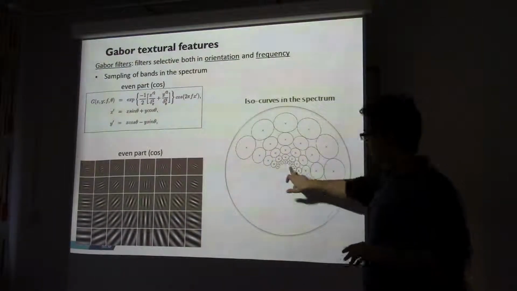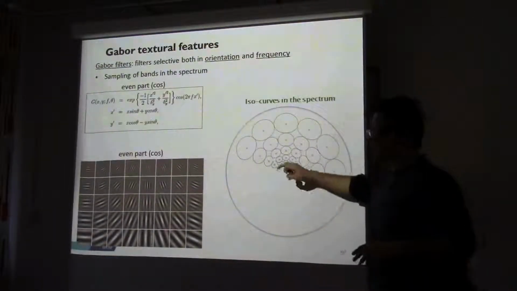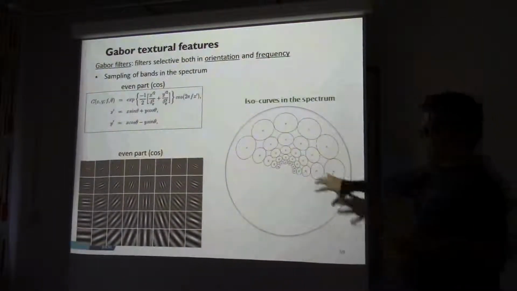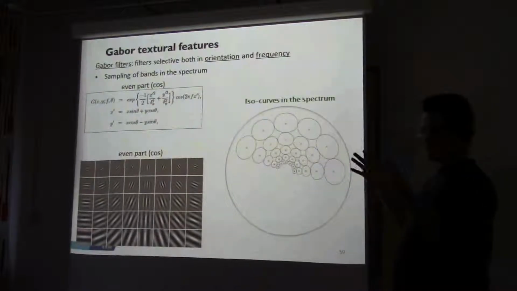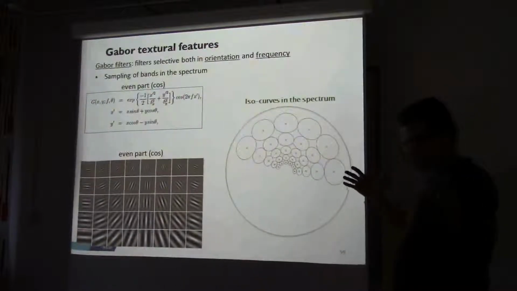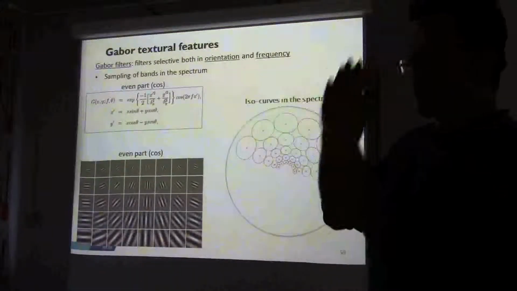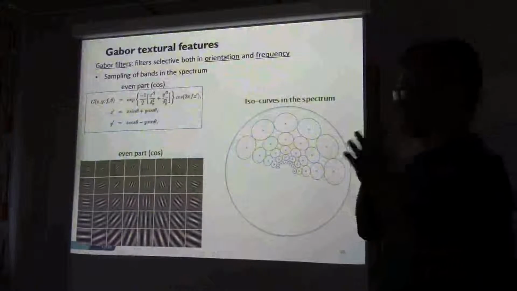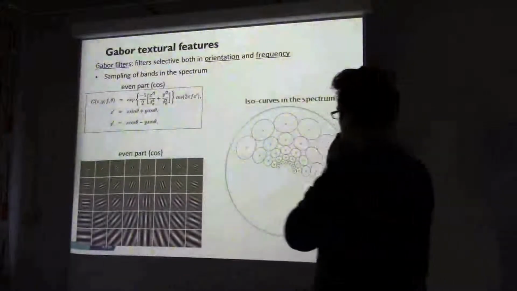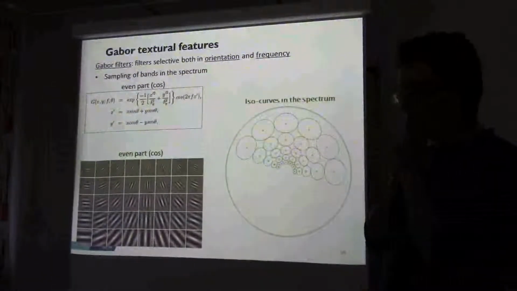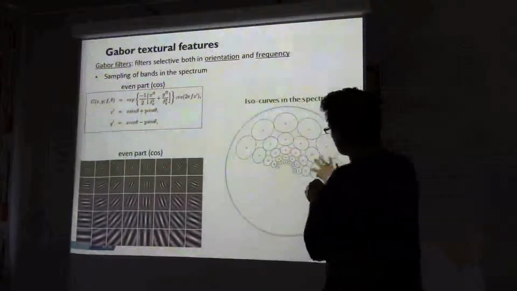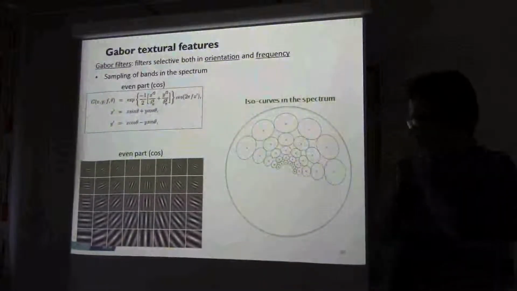Depending on how many different frequencies and orientations you are using, you are sampling the spectrum at different resolutions. If you push it to infinity, you are exactly sampling each point of the spectrum, ideally. So this is a way of roughly sampling the spectrum and analyzing different parts.